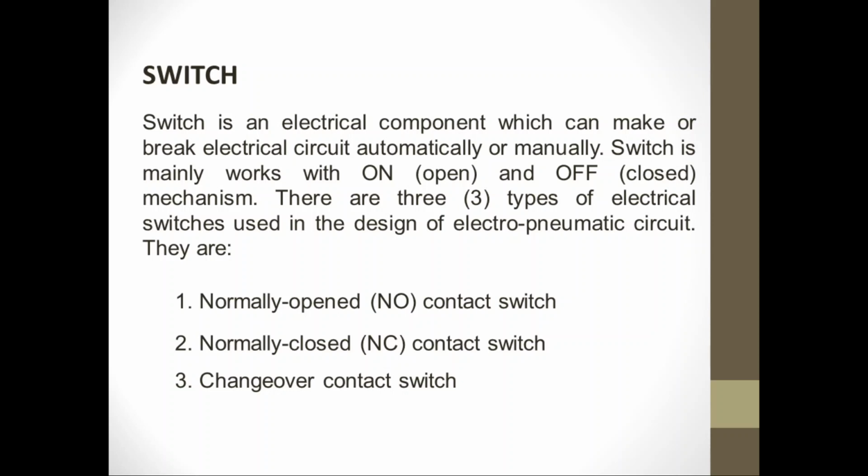But then there are also switches that are automatically operated. So later on, we'll try to explore what are these types of switches that can be operated automatically. So automatically means there will be no mechanical force, or there will be no mechanical mechanism that will be used to turn on or off a given switch.